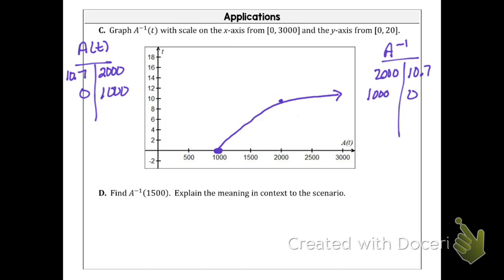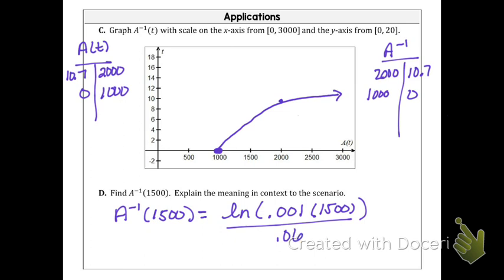I could also, here at D, it says to find the inverse of the 1,500, explain the meaning in context of the scenario. All right, so the inverse of 1,500 is going to equal the natural log of 0.001 times 1,500 over 0.065.